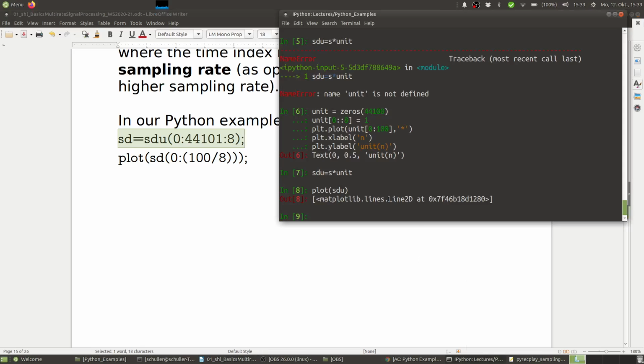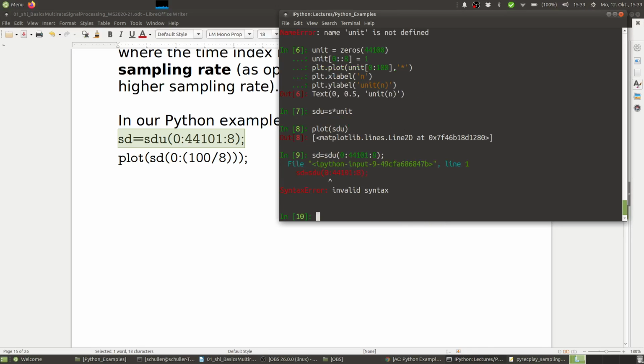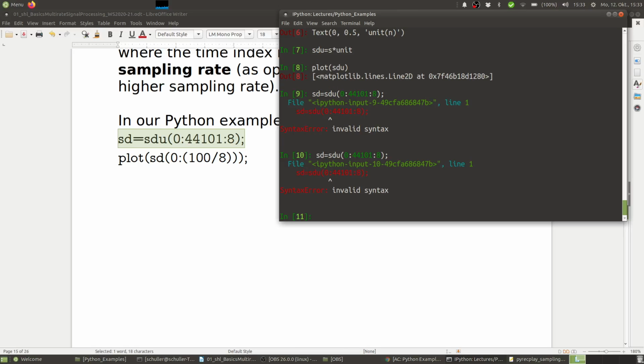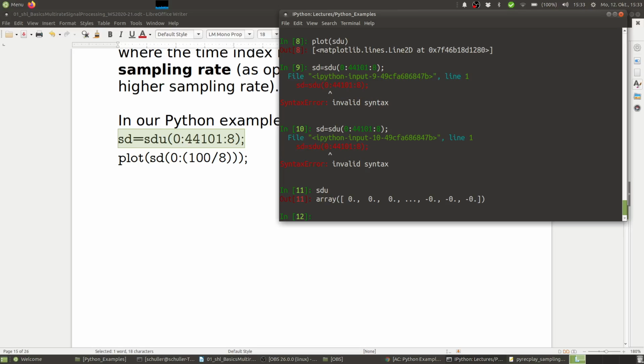Copy. What's happening here? Invalid syntax. Sometimes that happens when you do copy and paste. Don't know why. No, SDU.